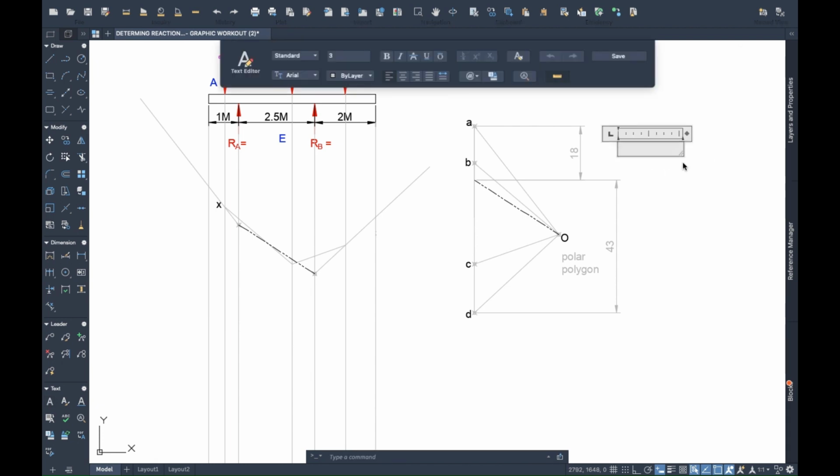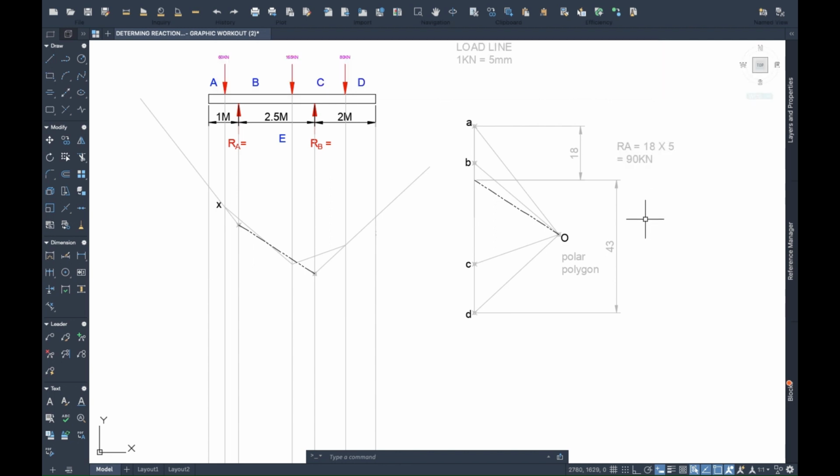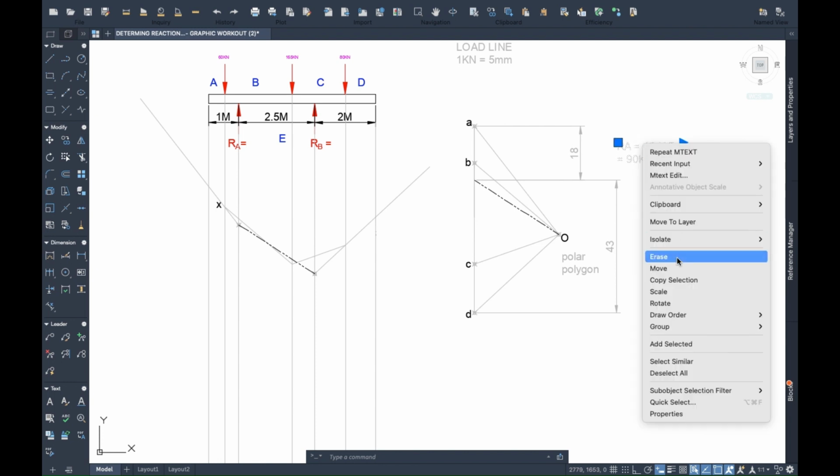RA would be equal to 18 times 5, because remember we had scaled it. So this would be equal to 90 kilonewtons. All right. And let me just copy this.